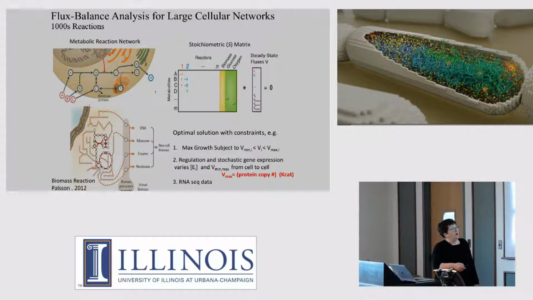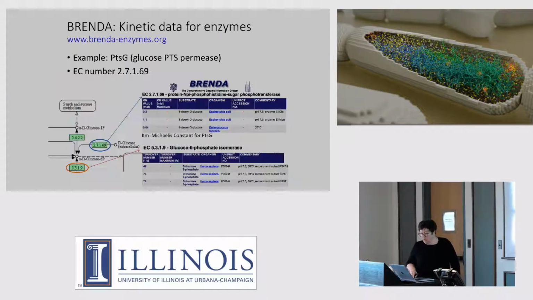You can try to put constraints on these or bounds on these with any information that you have. And typically what you'll do is if you know something about that reaction, like you know its kcat, and you know from proteomics what the mean protein copy number is, you could put that in there as a constraint when you're solving this equation. Now the kcats, I talked to you briefly about that.